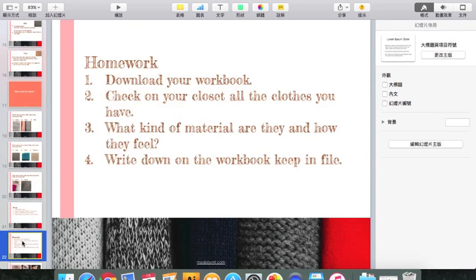Okay, and I have a little homework for you today. You can download your workbook below and check out your closet right after you download and print out your workbook. Go check your closet, your drawer, all your clothes, and see what material they are.